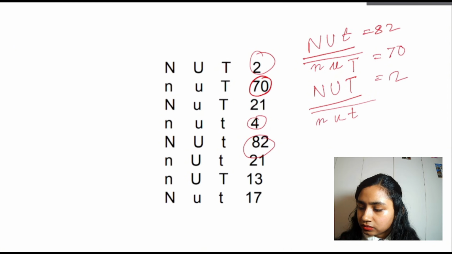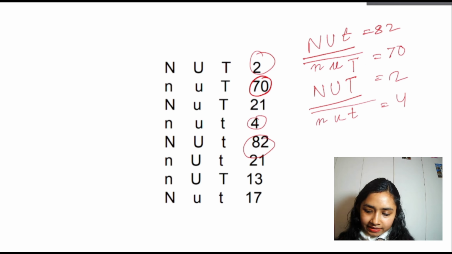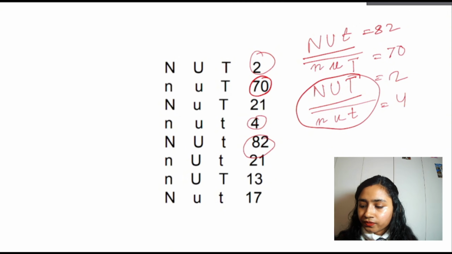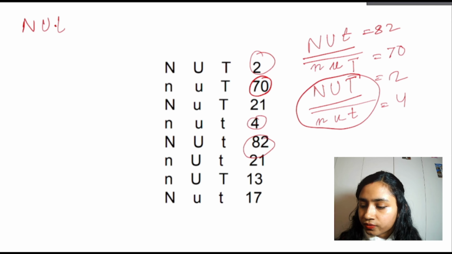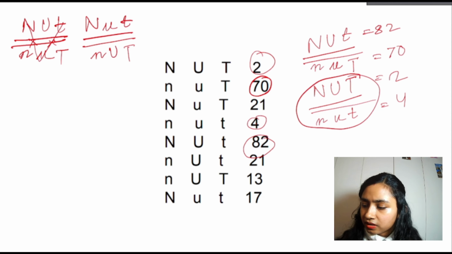So 2 and 4. Now you have to understand what will be the NCO class gene order to get this DCO. First, if I do with the given NCO's configuration, that is NUT, then what will I get? N small u, small t, small n, capital U, small t. Do I get this DCO's configuration?